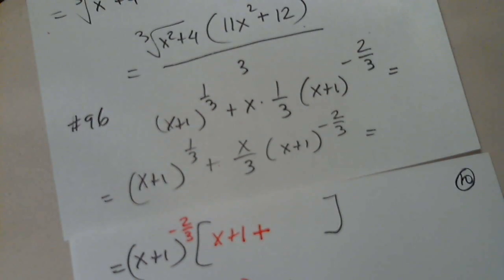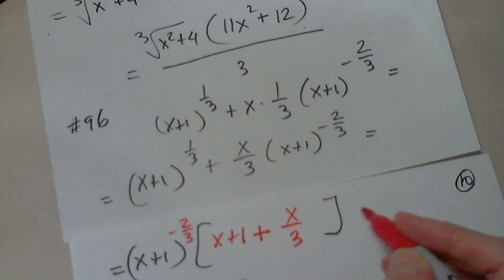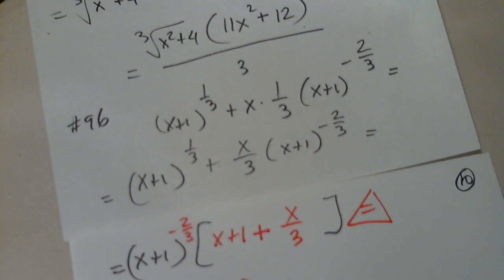What is left from the other term after I factor out x plus 1 to negative 2/3? X over 3. Thank you. Good. Let's finish it up.